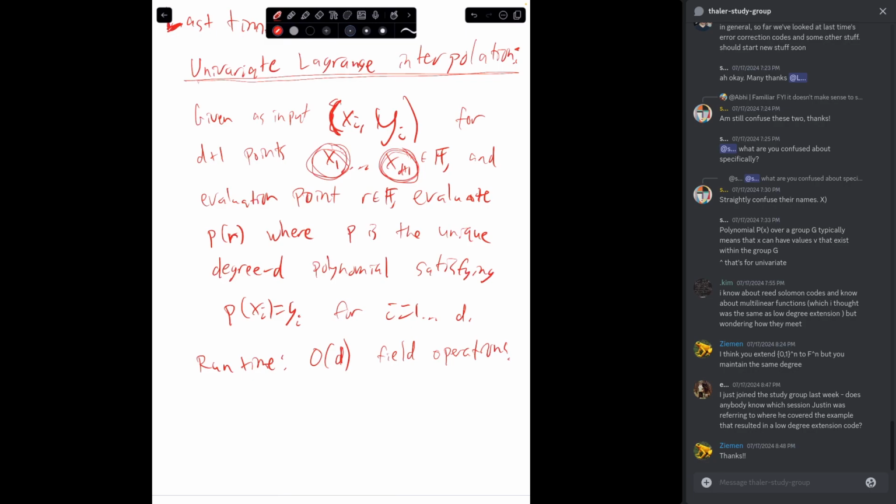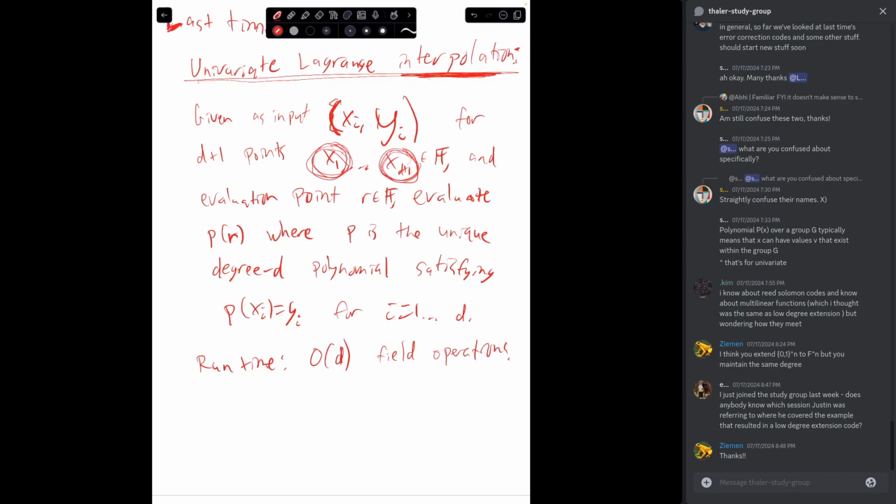So in univariate Lagrange interpolation, the input to the interpolation procedure is just a description of the polynomial you care about. It is D plus one evaluations of the degree D polynomial.